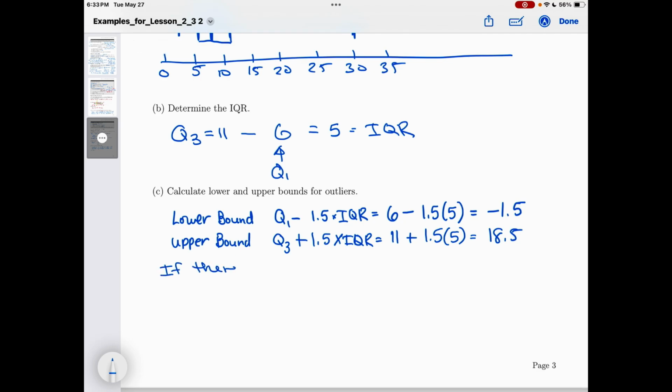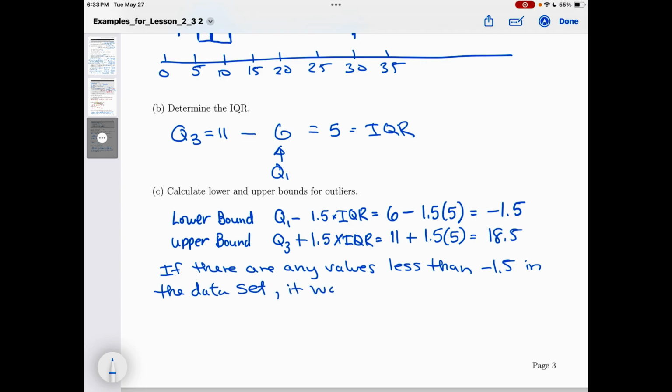So what does this tell us? If there are any values in the data set less than negative 1.5, it would be an outlier. That would be when you're checking it against the lower bound.